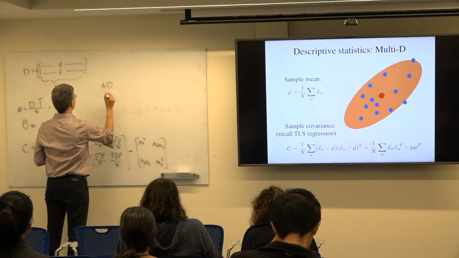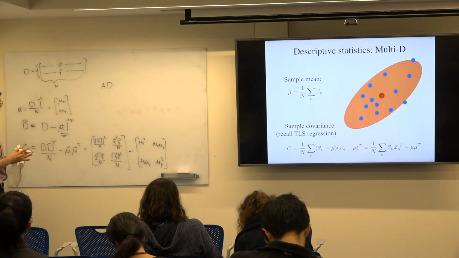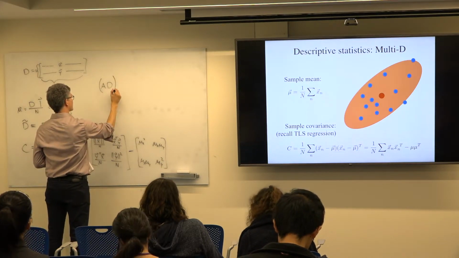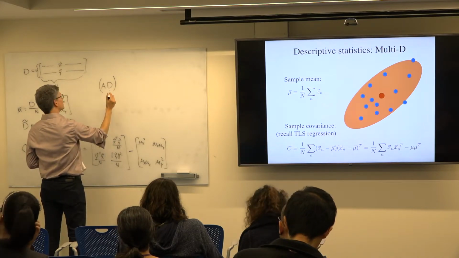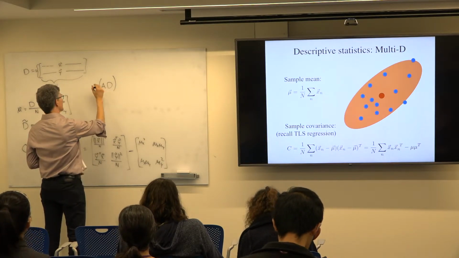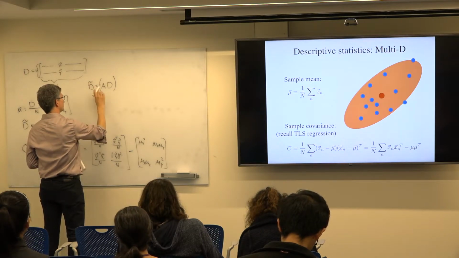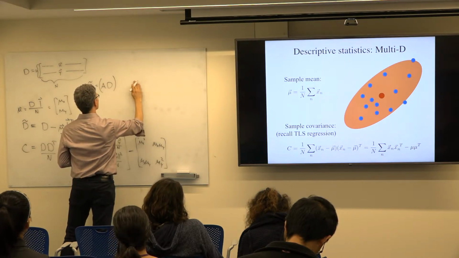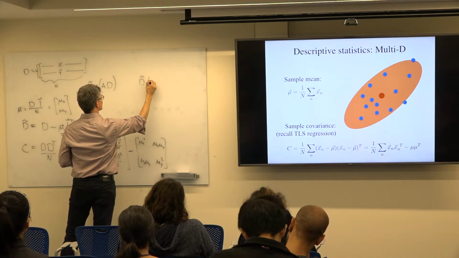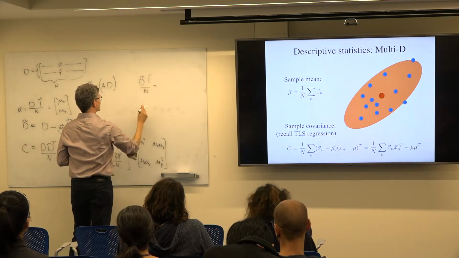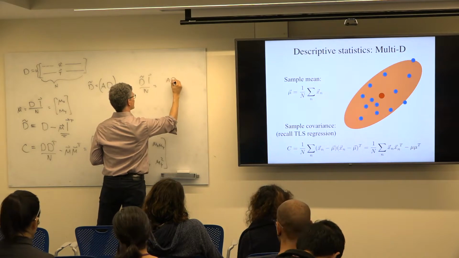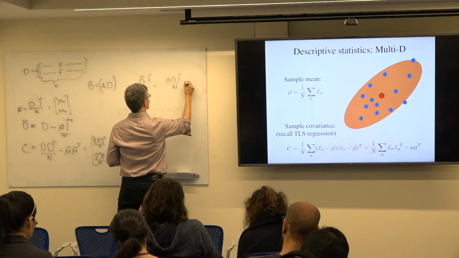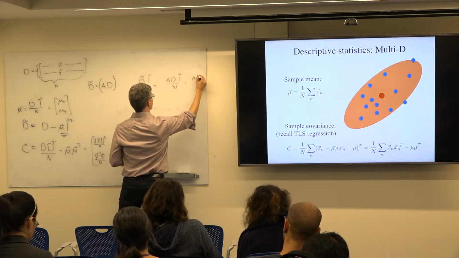times D, right? So what happens to the mean? We already talked about this. So the mean of AD, if this is the new data, the mean of AD, so here, if I write D tilde equals AD, then the mean is just D tilde times 1 over n, which of course is just AD times 1 over n, which is just A times the original mean.